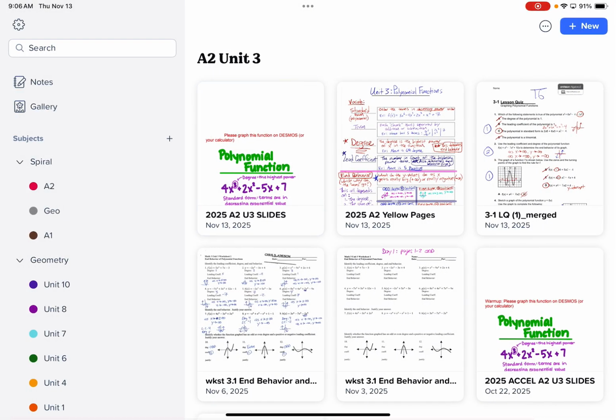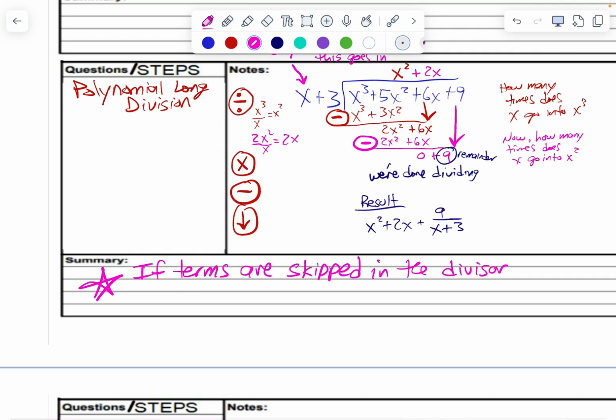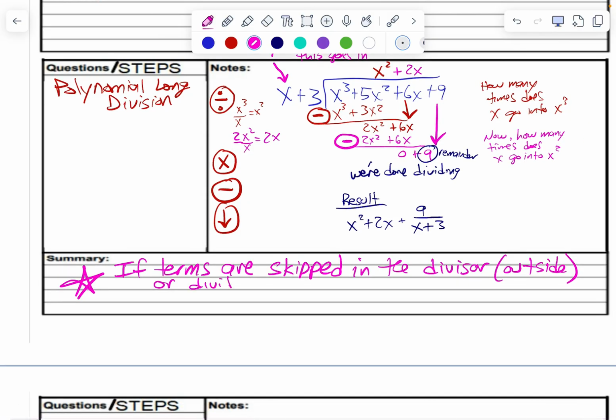On your notes or wherever you want to write this, let's make sure that you put the note about if terms are skipped. So if terms are skipped in the divisor or dividend, that's the inside.